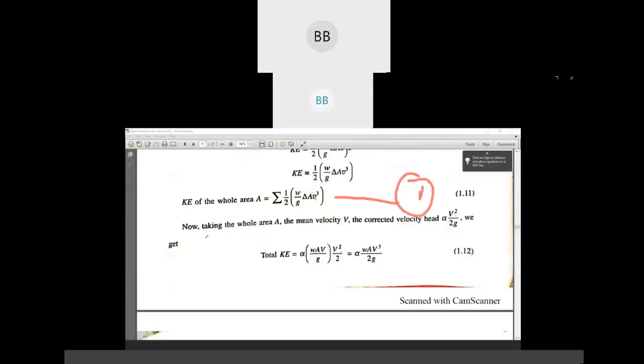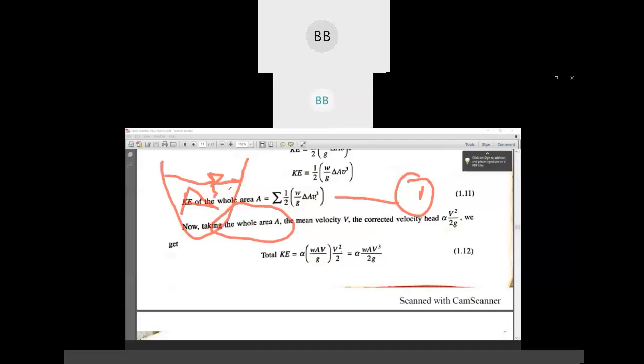Now you take your whole cross sectional area, and forget about the elementary area now.